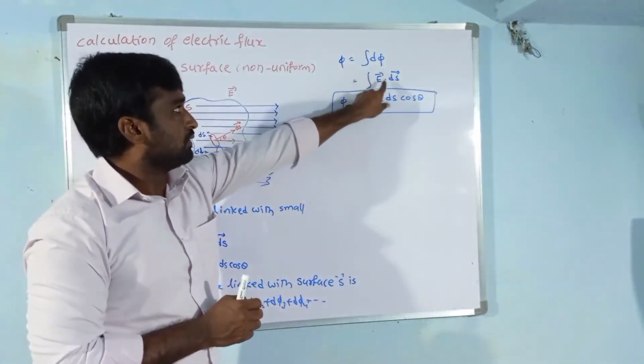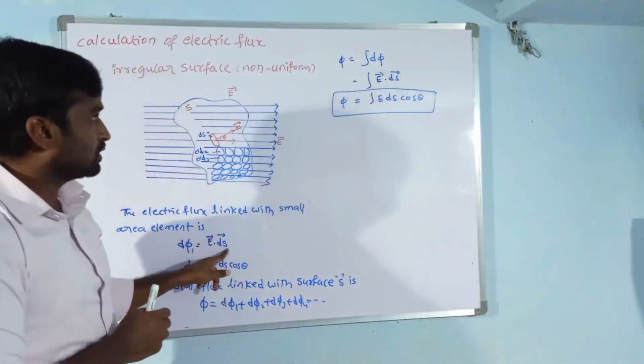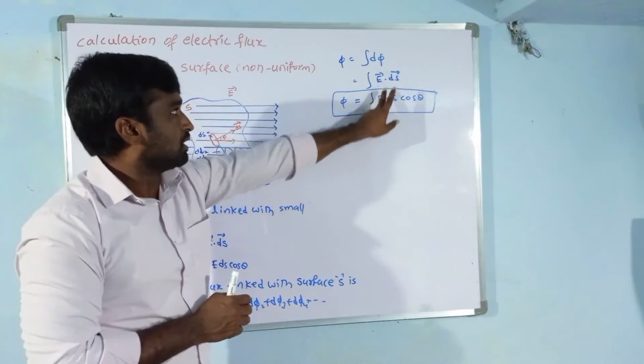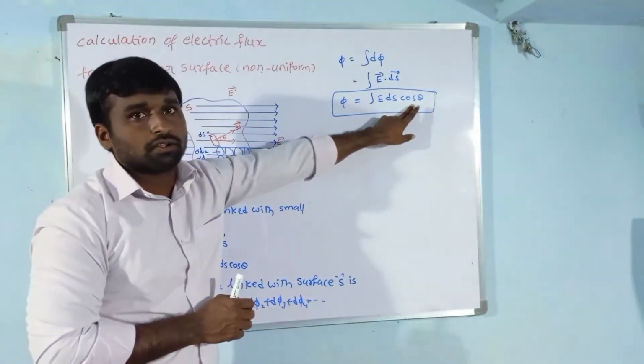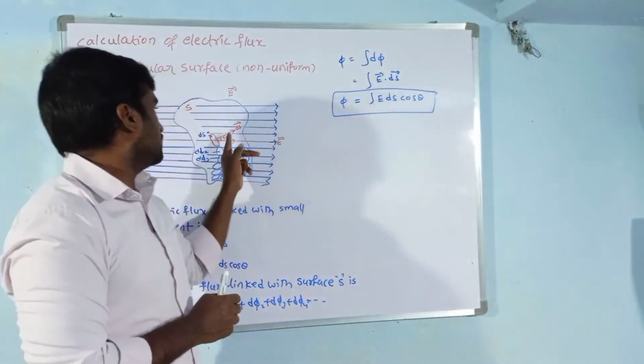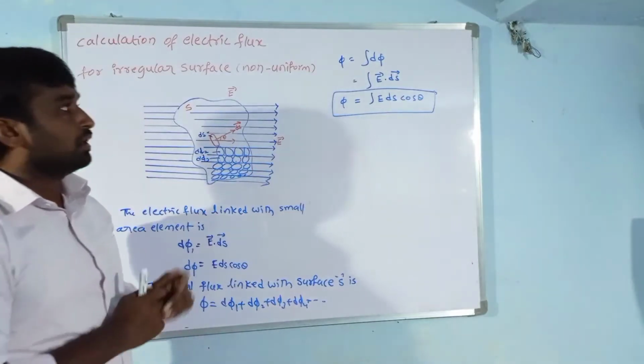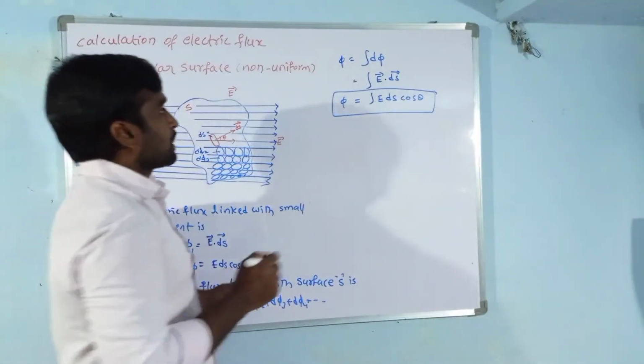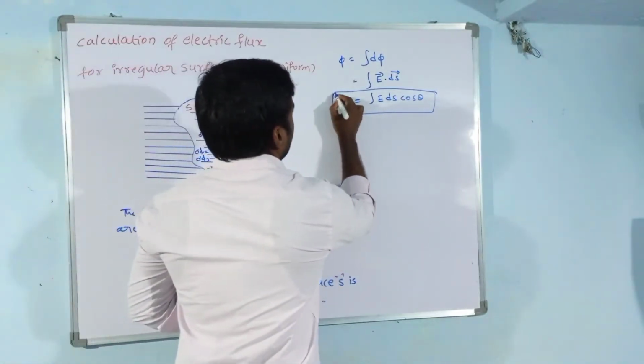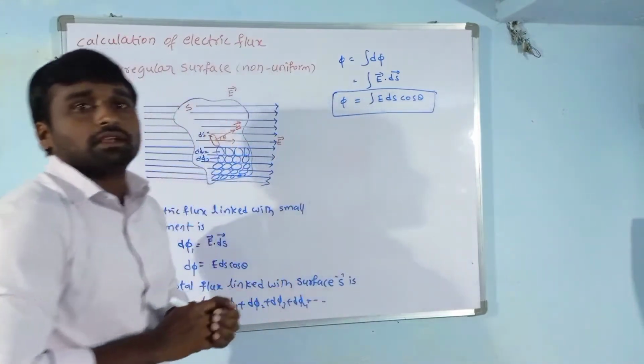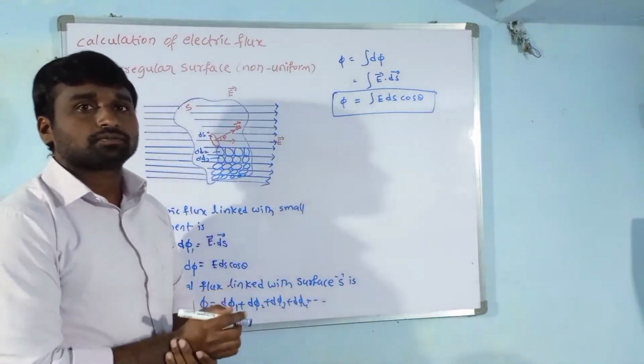So what is dΦ? That is E·dS. When we remove this dot, we can take cos θ, where θ is the angle between these two. Now what is the definition of electric flux?